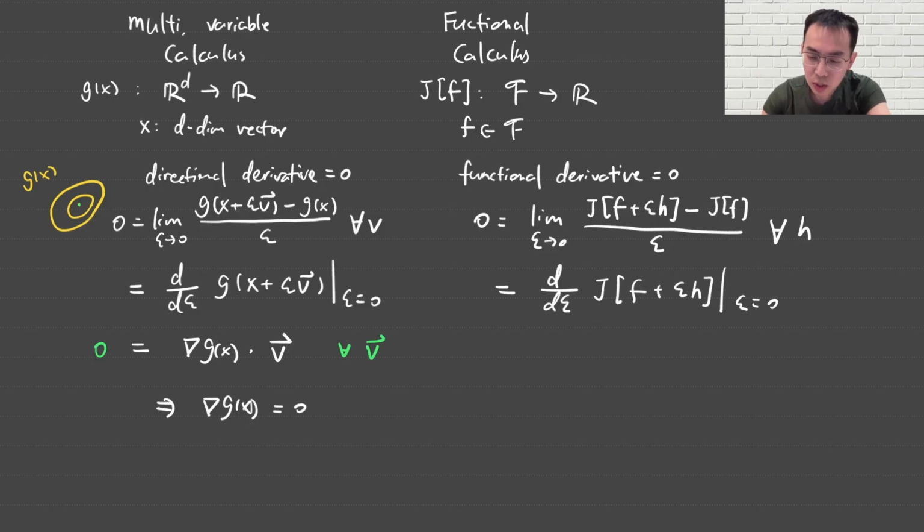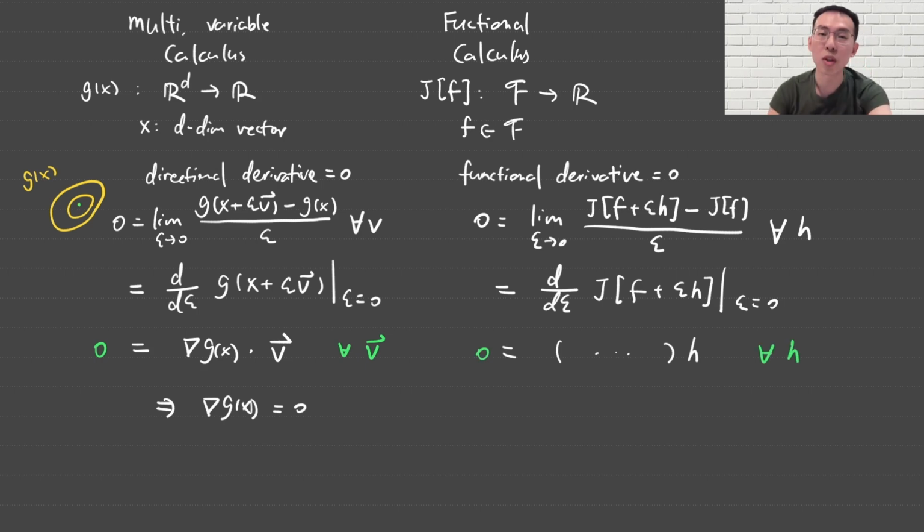So for functional calculus, we want something just like this, right? It turns out we can totally do it, and in the end we can reduce this equation into this form: something times h equals 0 for all h.